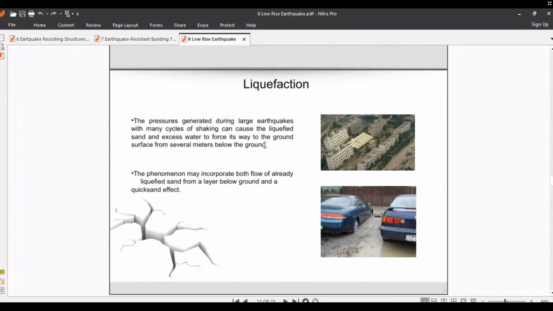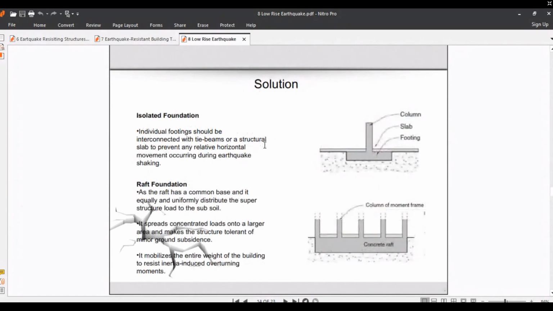We can solve this problem with tie beams, raft foundation, or base isolation in the foundations. Isolated foundations: an isolated foundation is one way to solve the differential settlement in foundations.